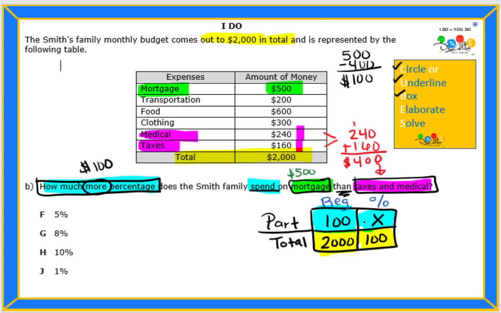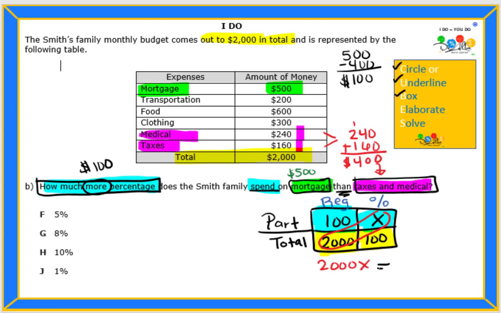So now we have everything we need to solve this percent proportion. So we can actually use the cross products directly from our table, which we're going to do now. So x times 2,000 is 2,000x.